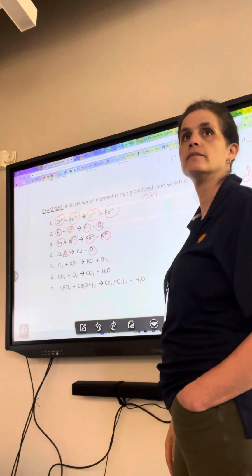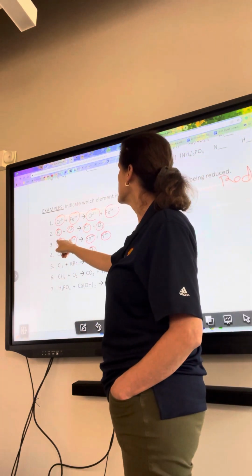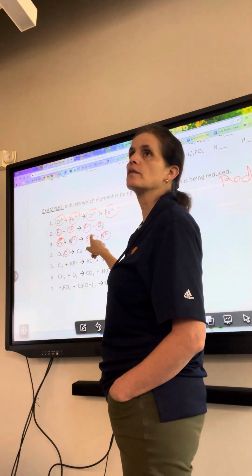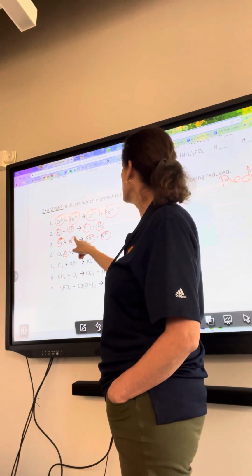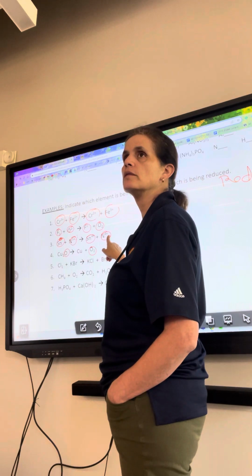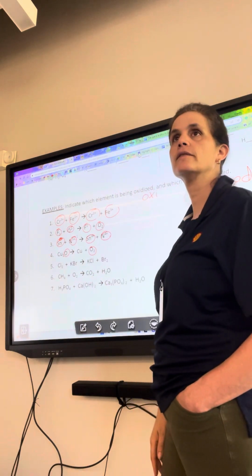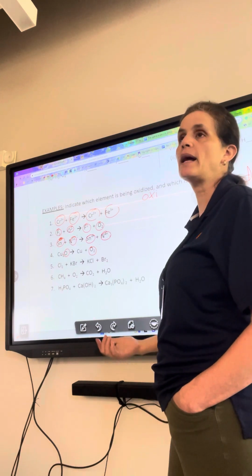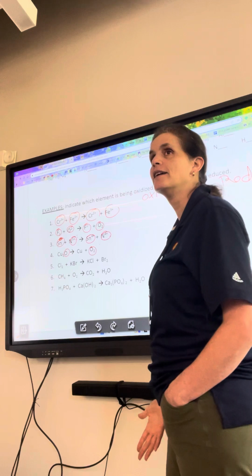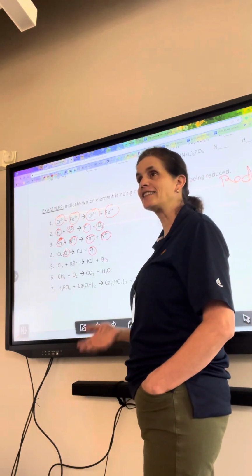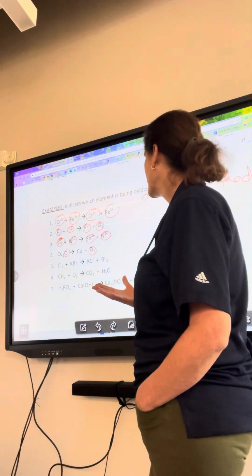How does number 3 work? Because 0 to +4, oxidized. +5 to +4, but that's not even. Oh, you're going to have to balance the charges. No, we don't have to, but I would love to balance the charges, because balancing charges is an important part of life.